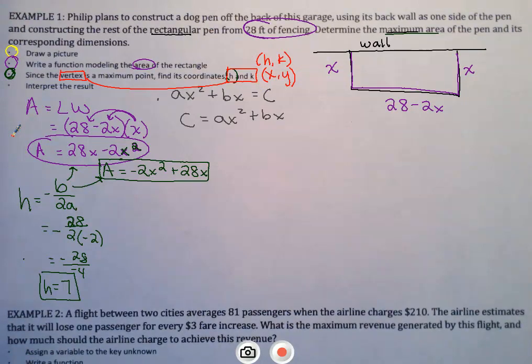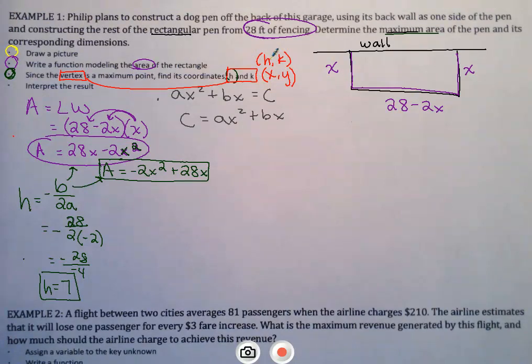H is equivalent to X. So when you solve for your h, that's a number that you can plug in for x, because h and x are equivalent.